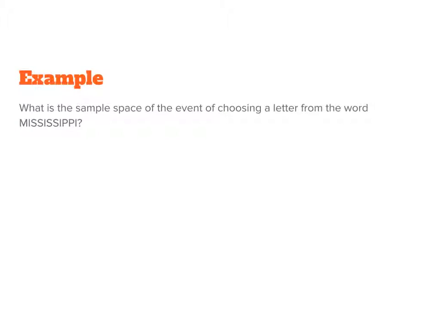Our next one, what is the sample space of the event of choosing a letter from the word Mississippi? So basically we're going to take all the letters in Mississippi and we're going to randomly choose one. So this is where it's going to get a little different. Okay, so in our sample space, it's possible to choose an M, it's possible to choose an I, it's possible to choose an S, but then the next letter is another S. Well, we already have S listed in our sample space, so we don't list it again.